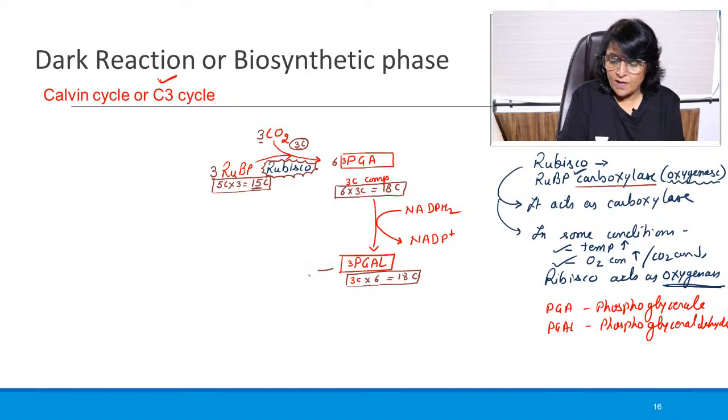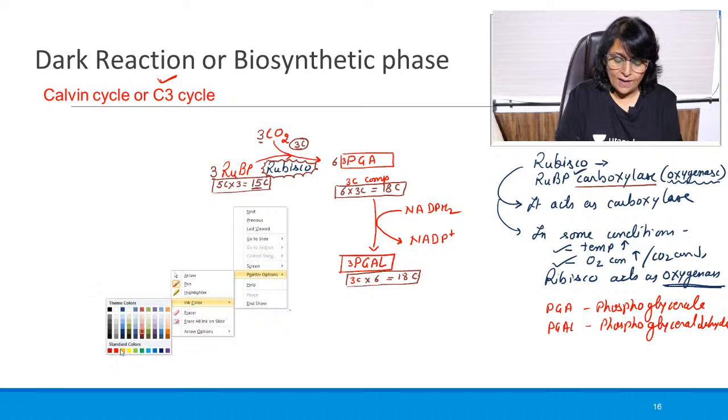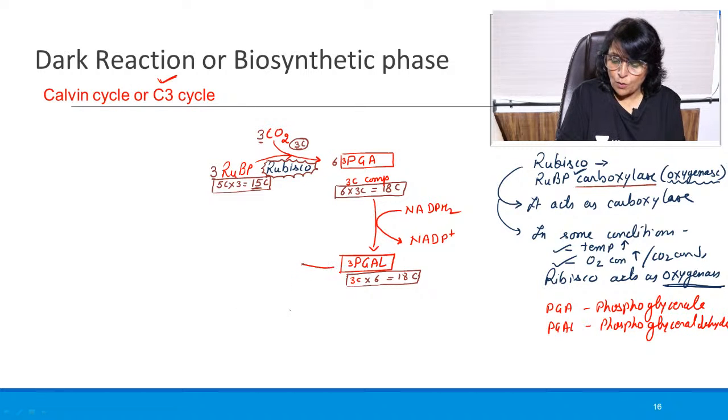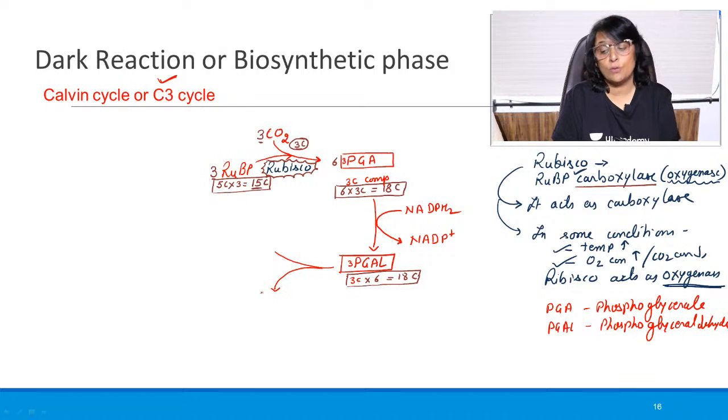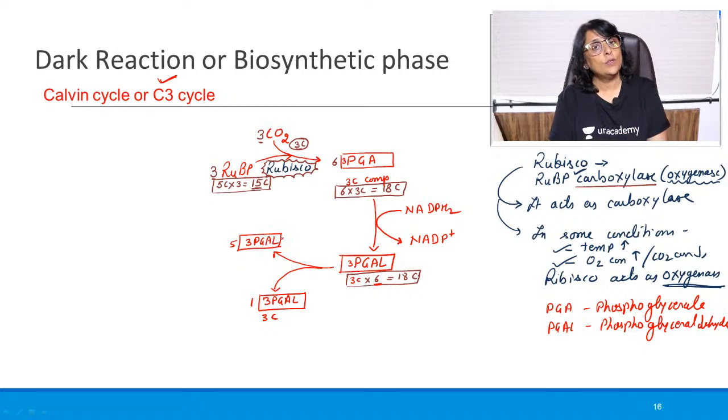So from here, one molecule of PGAL follows a different path. Out of 6 molecules, 1 molecule of 3-PGAL gets separated, that is 3 carbons here, and 5 molecules of 3-PGAL follow the different pathway.